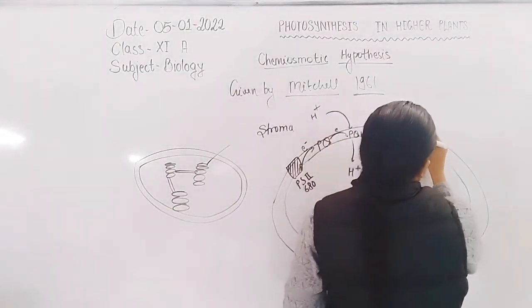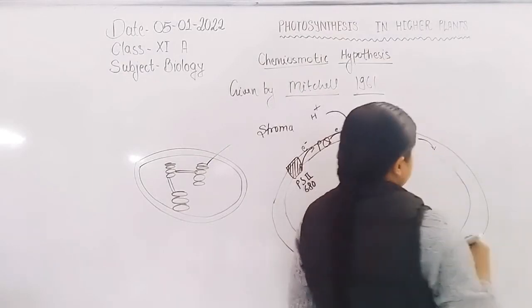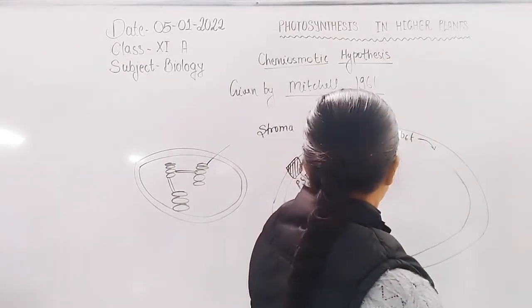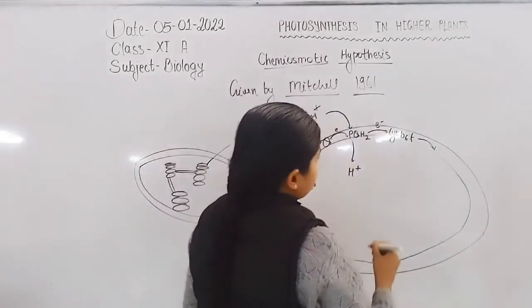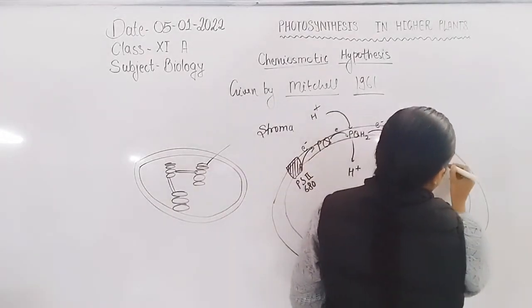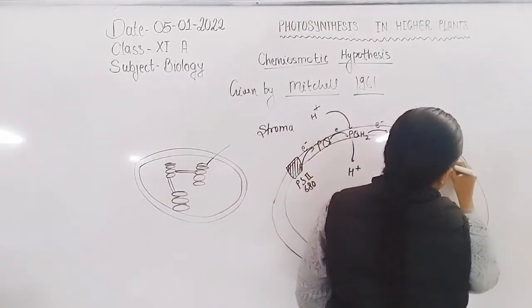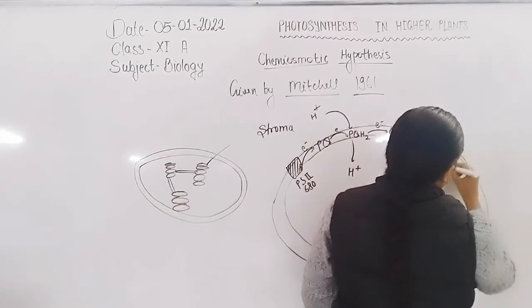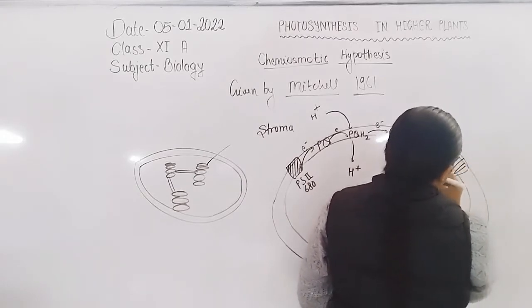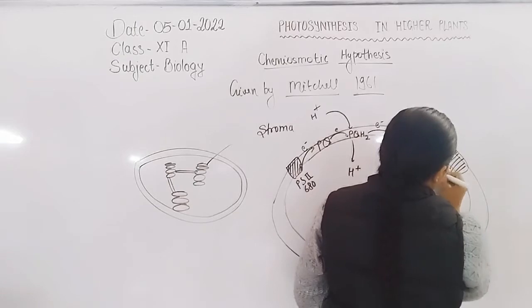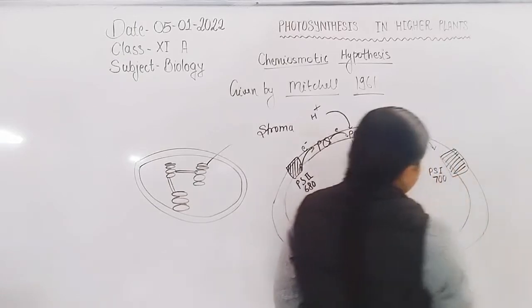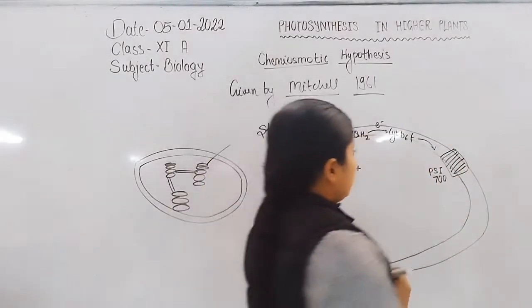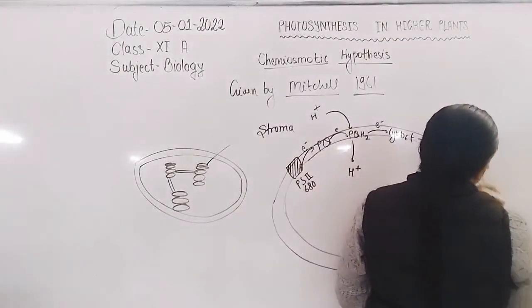Now here b6f again transports electrons to photosystem first, which absorbs light of 700 nanometer, near photosystem second.